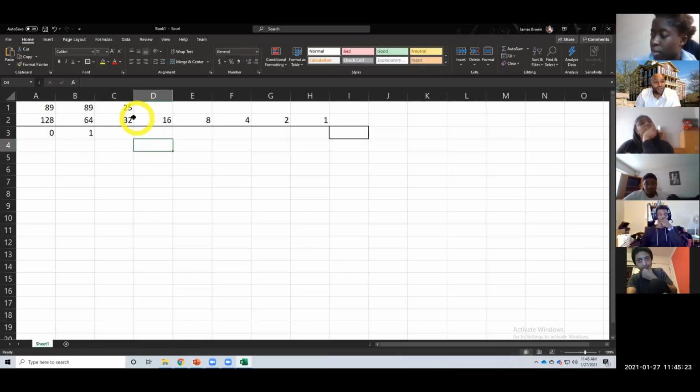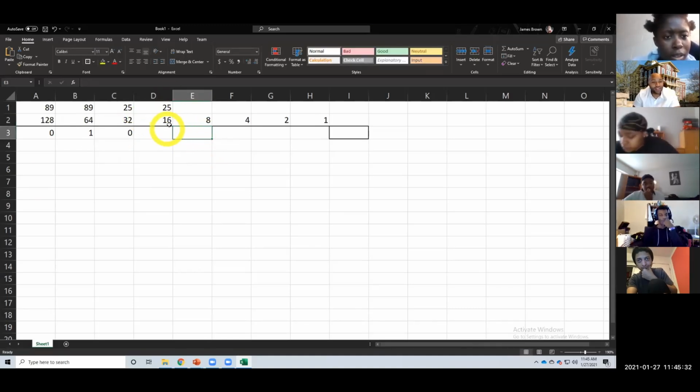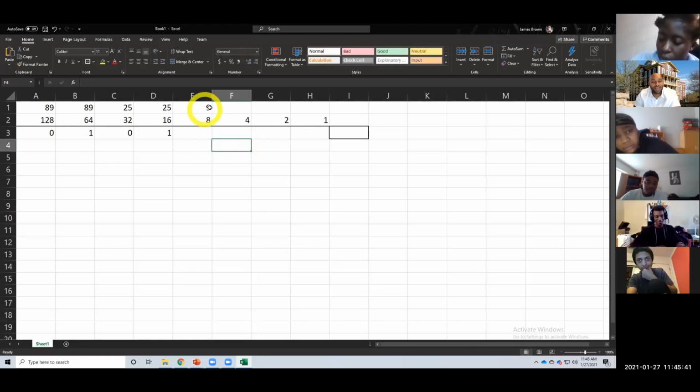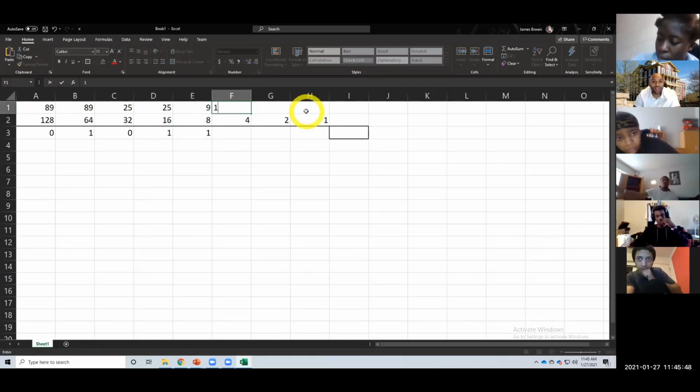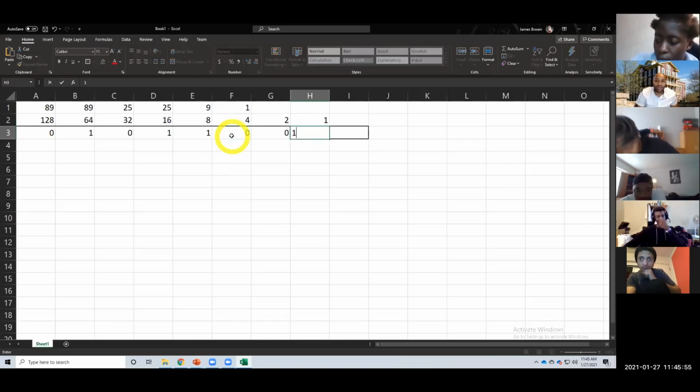Is 25 greater than or equal to 32? That is not. So we bring over 25. Is 25 greater than or equal to 16? It is. So we bring down a 1. Subtract 16 from 25. That gives us 9. Is 9 greater than or equal to 8? It is. So we bring down a 1. Subtract 8 from 9. Leaves us a 1. So from there, I know we don't need these 3 or those 2, and that'll be a 1.